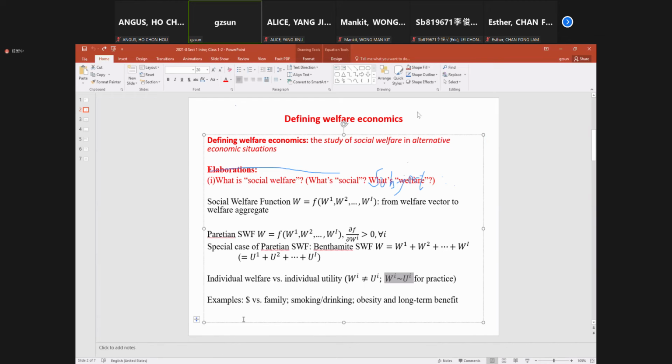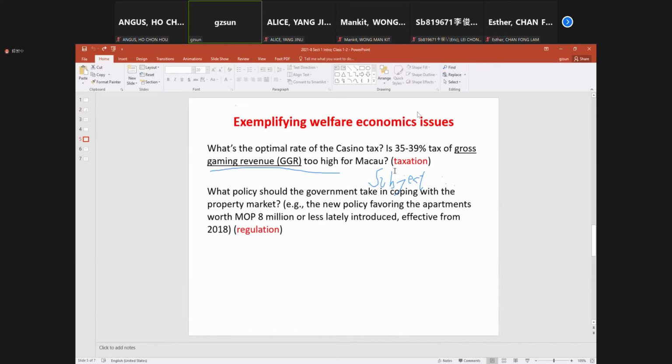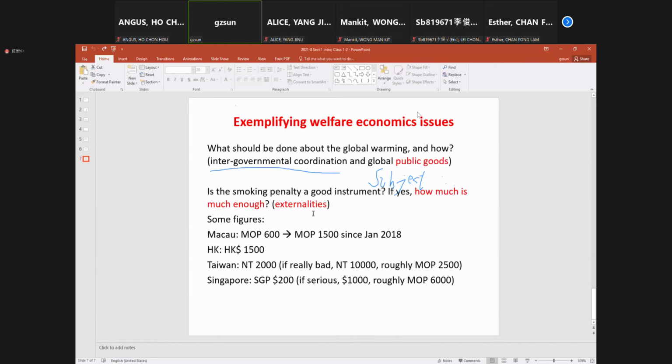Because our course will focus on some applied topics, as mentioned earlier in the last class, about how to design good policy about taxation, how to design good policy about regulation, and how to solve the externality problem. So we care more about how to make practical sense of public policy in order to improve or increase social welfare.